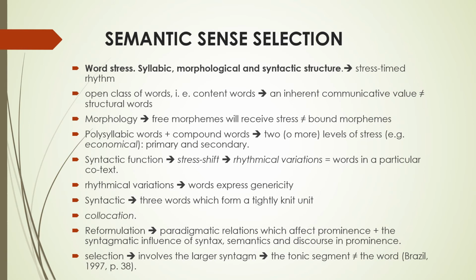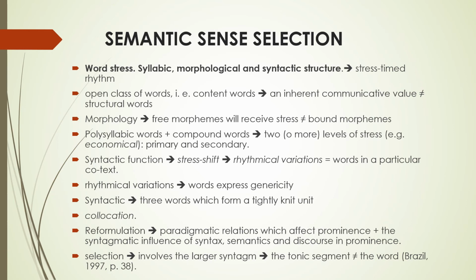In some cases of reformulation, if we remember the paradigmatic relationships that Brazil discussed before, there could be some phenomena that can affect prominence. For example, the syntagmatic influence of syntax, the semantics, and discourse in prominence. For David Brazil, remember, in his traditional notion of the paradigmatic relationships we have the existential paradigm and the general paradigm.